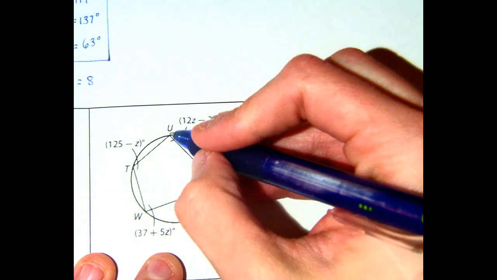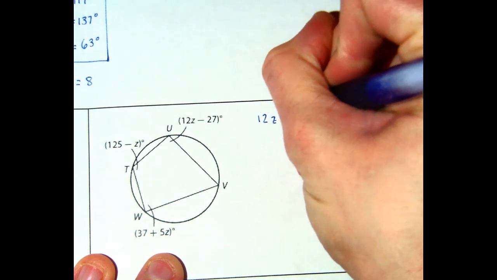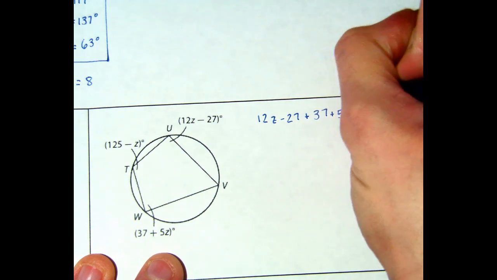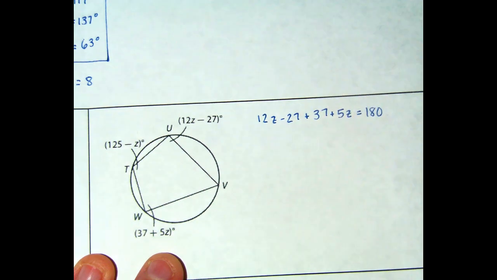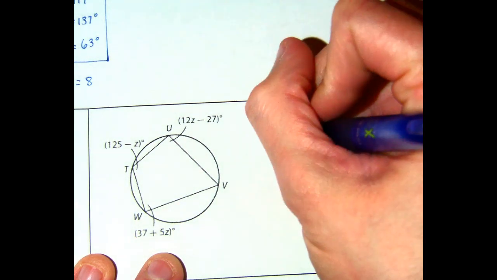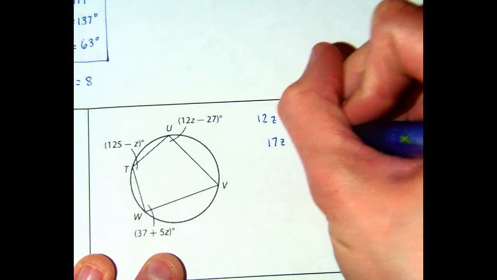Our opposite angles are U and W. 12z minus 27 plus 37 plus 5z equals 180. 12z plus 5z is 17z. Negative 27 plus 37 is plus 10.